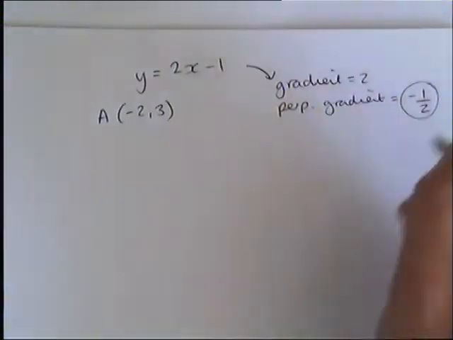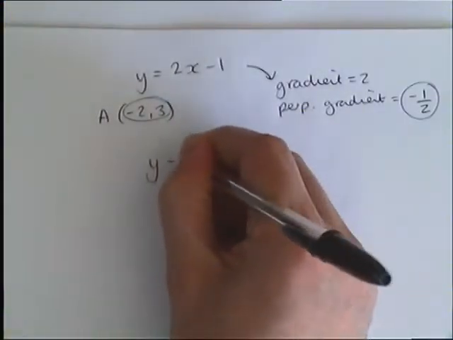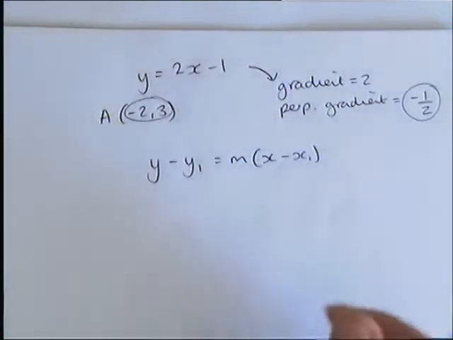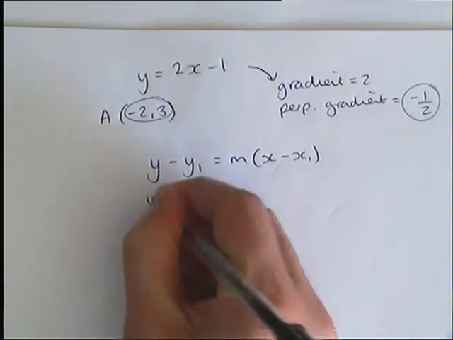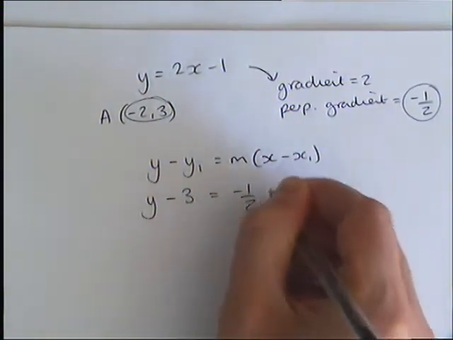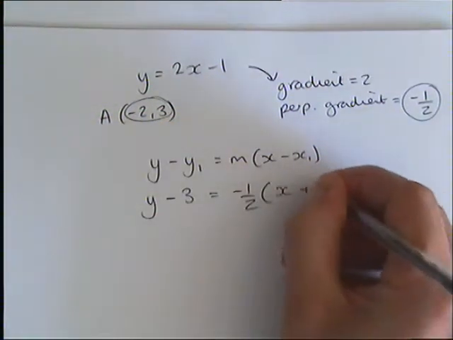If we use this gradient and these values in the formula y minus y1 equals m(x minus x1), we get y minus 3 equals minus a half times x minus minus 2, so x plus 2.